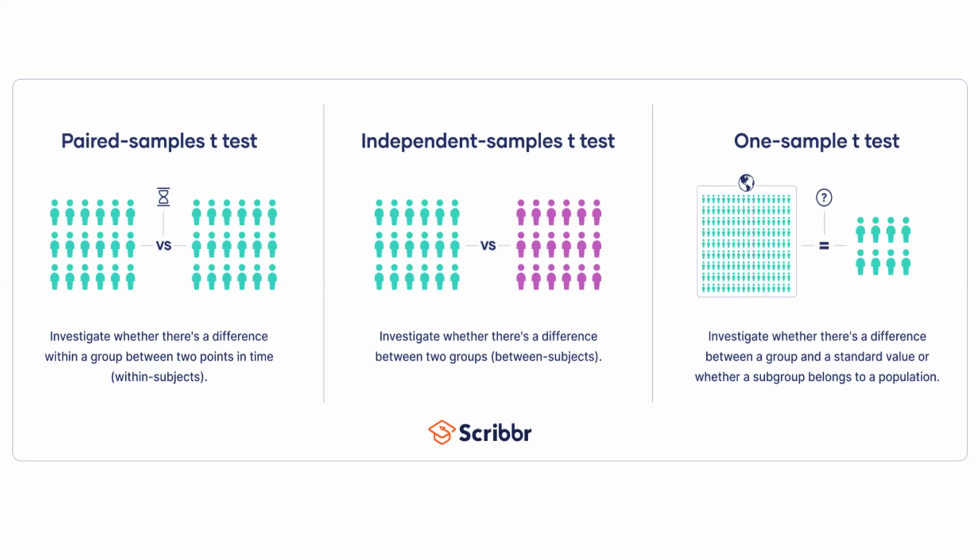And in the case of independent t-tests, you are talking about two different groups. For example, you want to check the performance of university students in terms of understanding statistics.